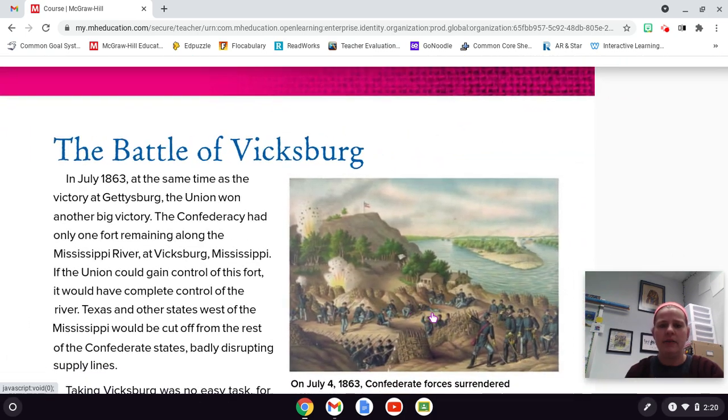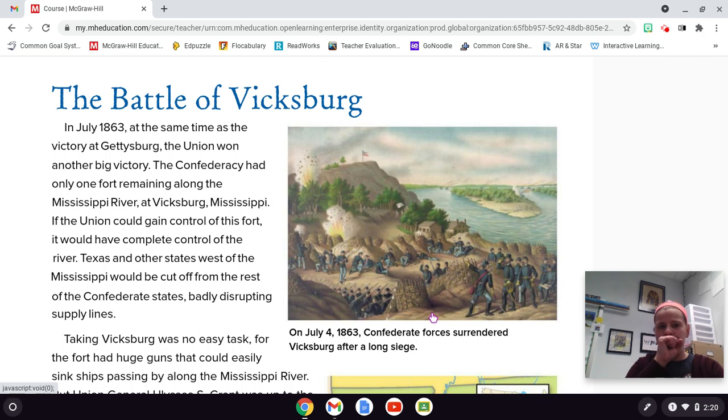Moving on to the Battle of Vicksburg. In July of 1863, at the same time as the victory at Gettysburg, the Union won another big victory. The Confederacy had only one fort remaining along the Mississippi River at Vicksburg, Mississippi.